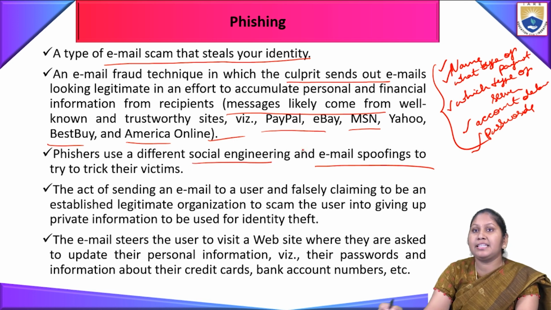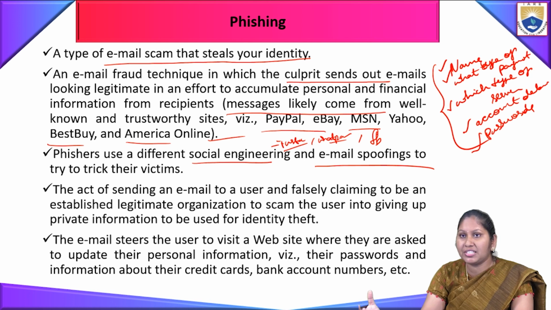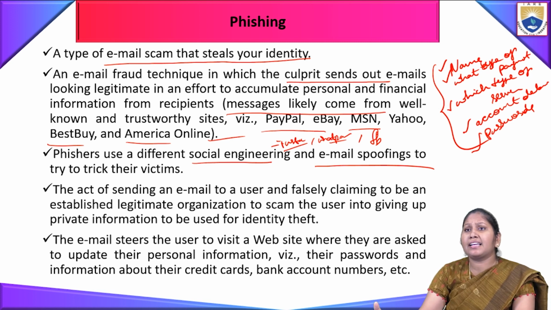Social engineering means attacks through Instagram, WhatsApp, Facebook and other social websites, where they can extract information. If you have given many details within such websites, the information can be gathered very easily. And email spoofing can be done by attackers to extract information from victims.